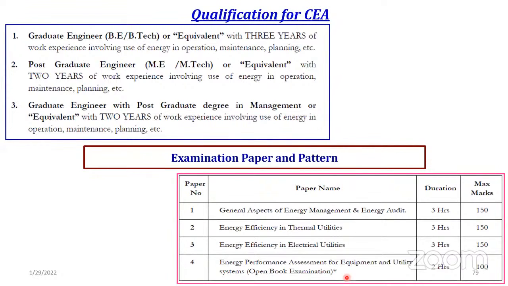Am I correct? Don't think that. The energy auditor examination and energy manager examination are among the toughest examinations in India. Out of 10 exams listed, one of the toughest examinations in India is the energy auditor and energy manager exam. Number 1. Number 2, every year they are increasing the toughness. Last year, I think around 17,000 people enrolled.